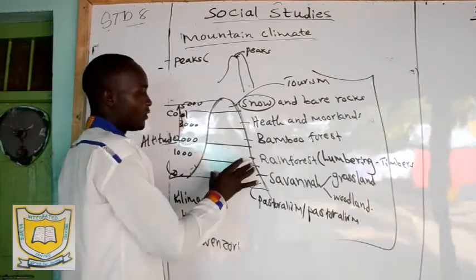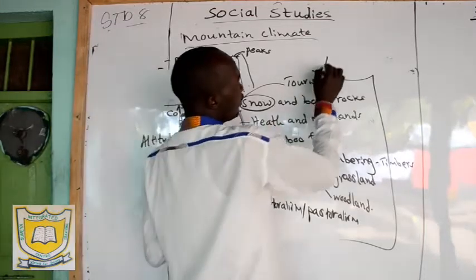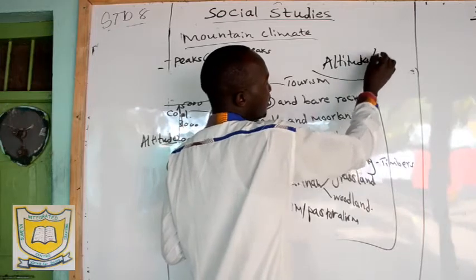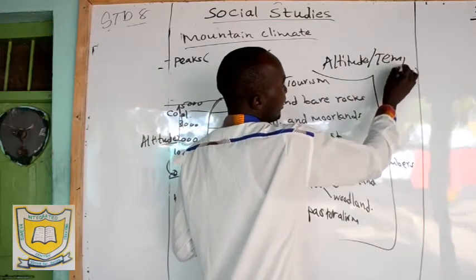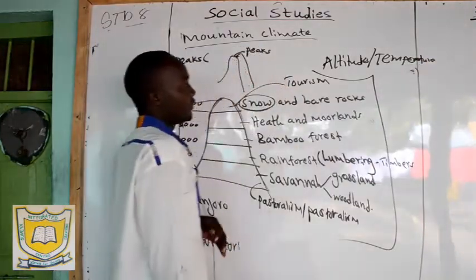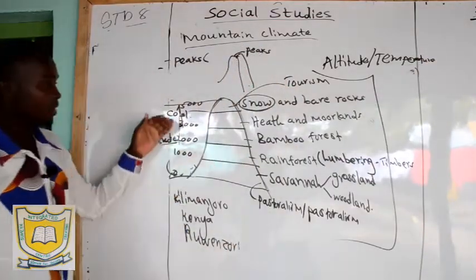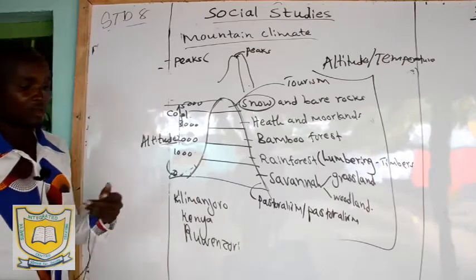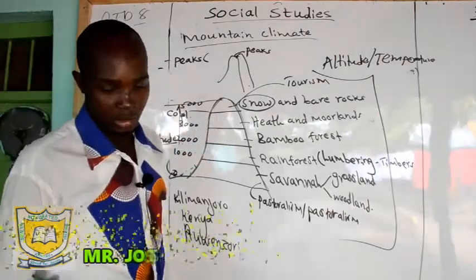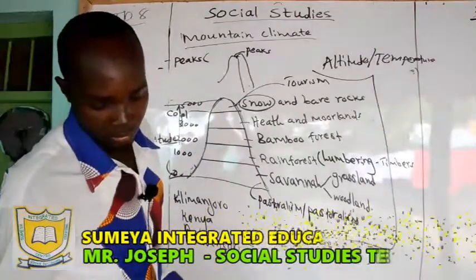So the main factor influencing this vegetation is called altitude. Altitude and temperature is the one that influences this vegetation zone here. So that's what we call mountain climatic zone. So that's all about mountain climatic zone.